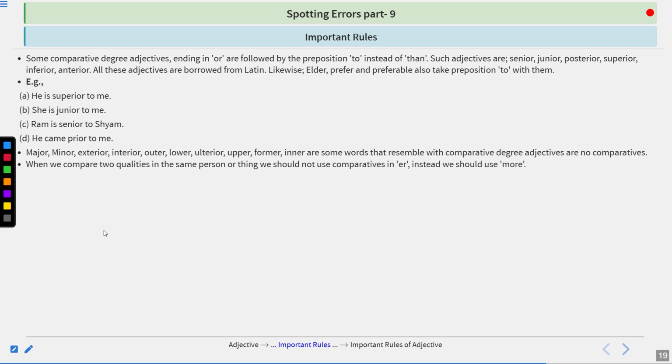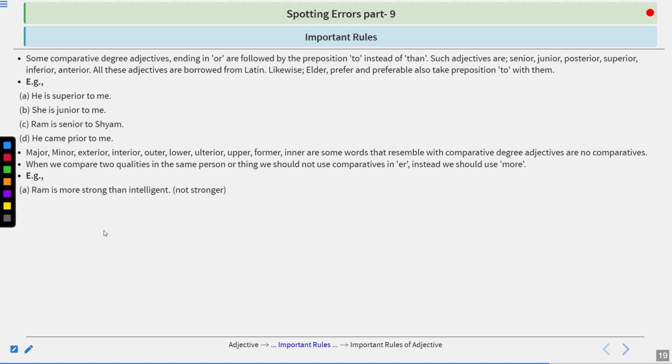When we compare two qualities in the same person or thing, we should not use comparatives in -er. Instead, we should use more. So when we compare two qualities of the same person, not comparing with another one, we have to use more with the adjective, not the -er form. "Ram is more strong than intelligent," not stronger.